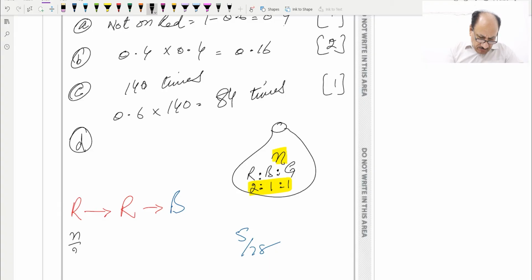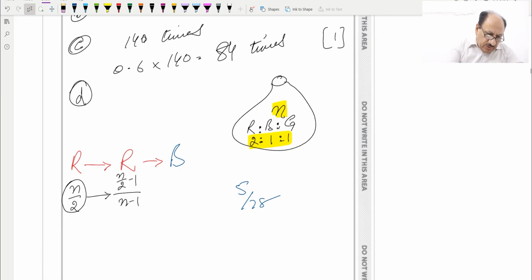And without replacement, for the next red it will be n by 2 minus 1, because 1 is gone, and the total will now be n minus 1. Hopefully you are understanding.